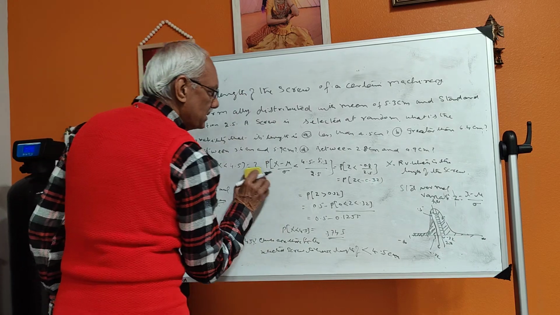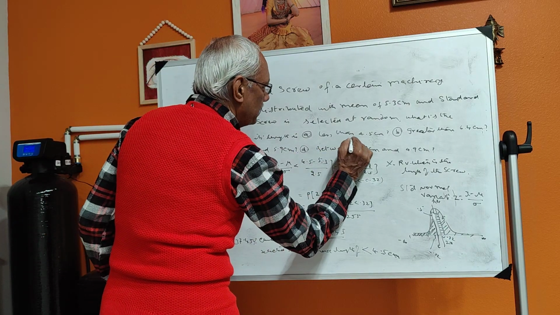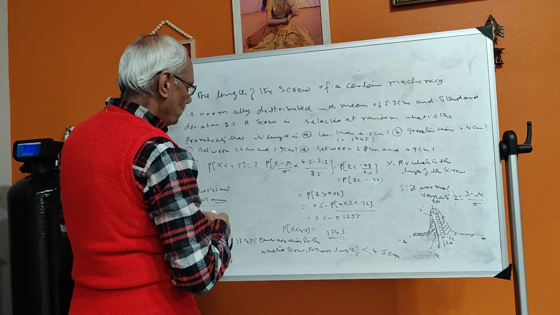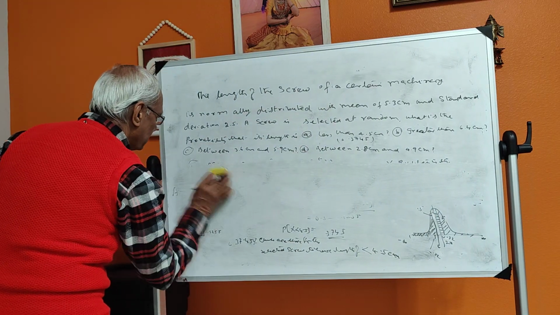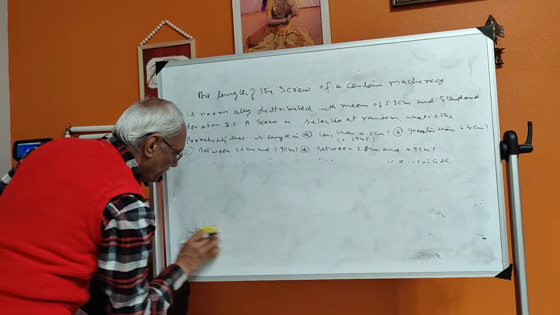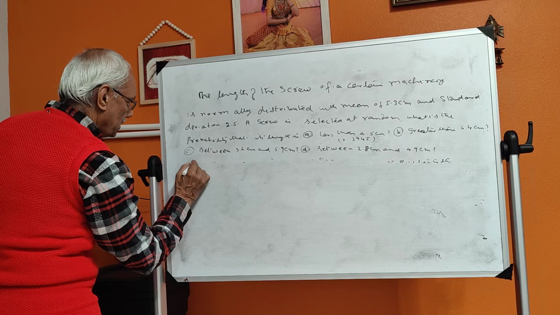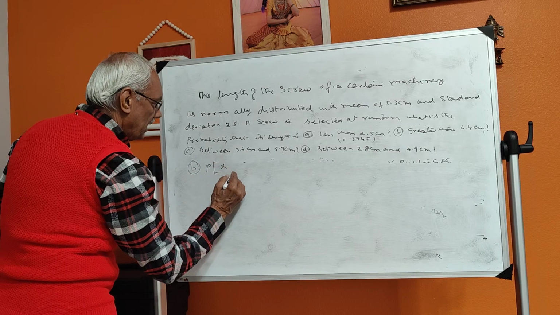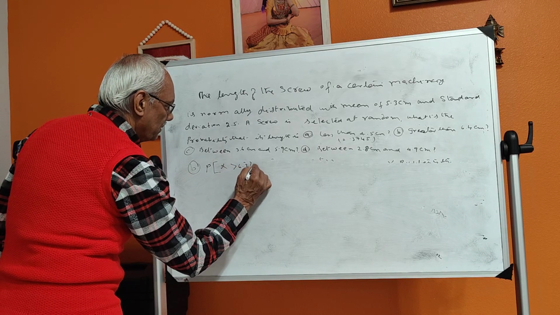So the second one is, see, P of x greater than 6.3.